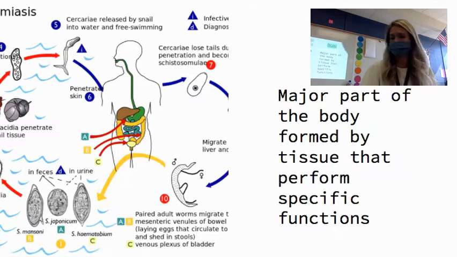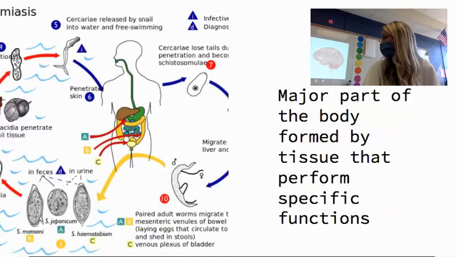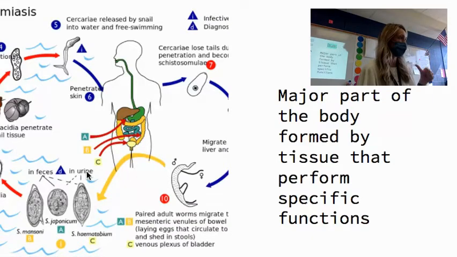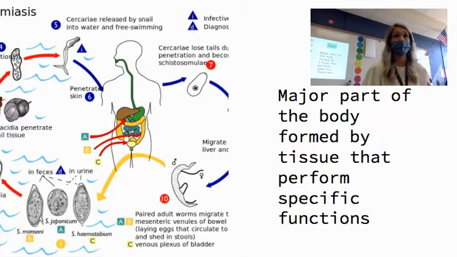Our next word, why is it going the wrong way? There we go. I did not change this picture. It's fine now. This is organs. What's our word? Organ. This actually works for organs as well because we start to see some in there. Organs are going to be the major parts of the body formed by tissues that perform a specific function. So my stomach is an organ. It has a function to take food, hold it, break it down, get ready for digestion, right?